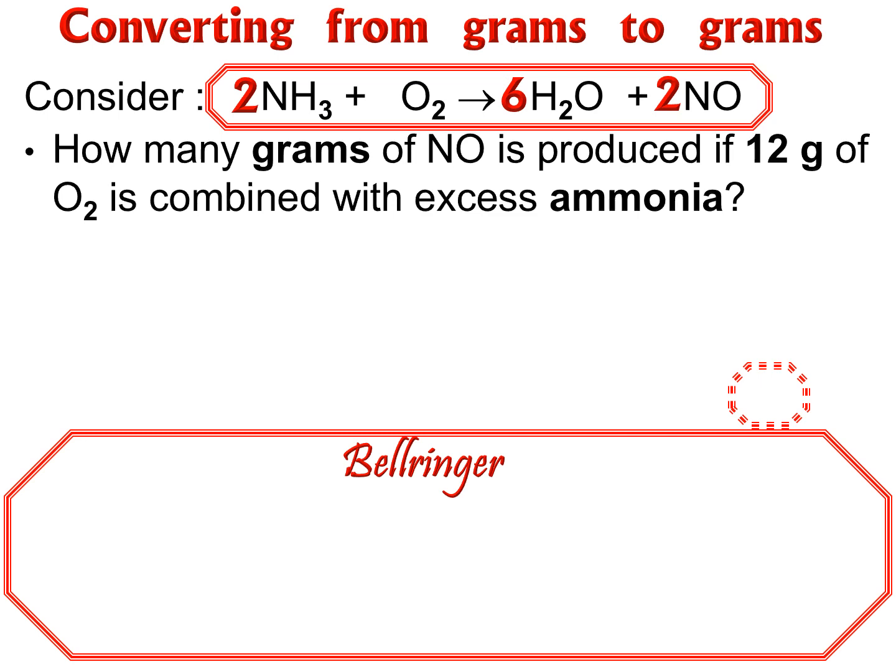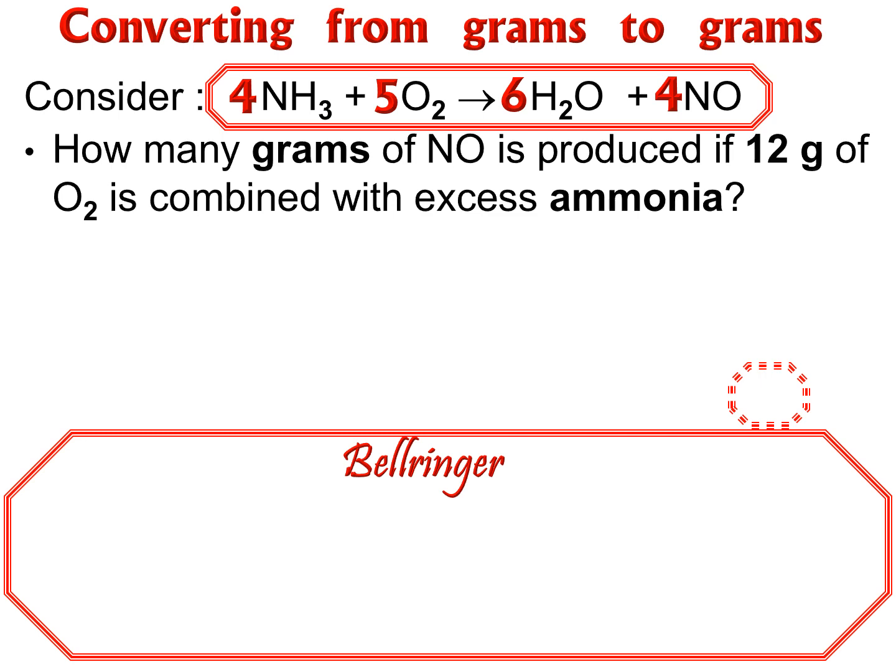Okay, and then that messes up the hydrogen, fix the hydrogen. Oh, that messes up the nitrogen, fix the nitrogen. 10 oxygen on the right, 2 on the left, times 5, boom. So remember, you've got to remember how to balance equations. And this is a particularly hard one, but if you can balance this, you're fine with, no matter what I throw at you, you'll be able to handle it.